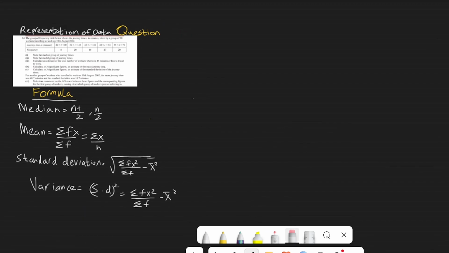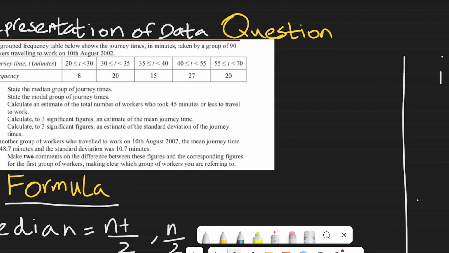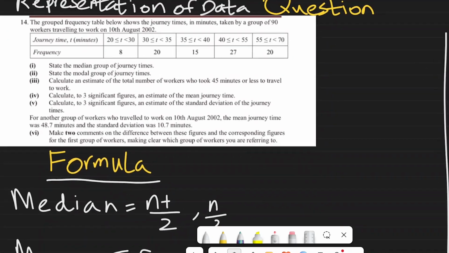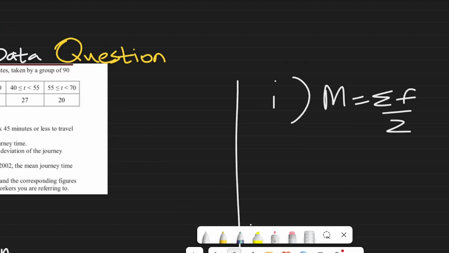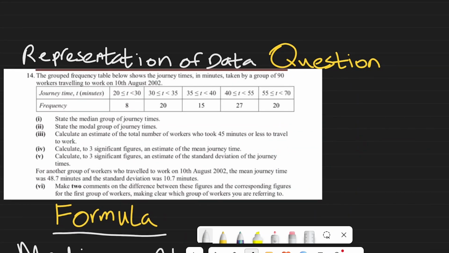Okay, so for the first part, we can just sketch a line over here and do it from here. For the median group of journey times, we can do sigma f over 2. So what is sigma f? This is the frequency f, so we will have to add all these values.